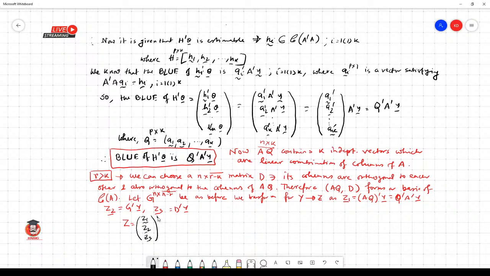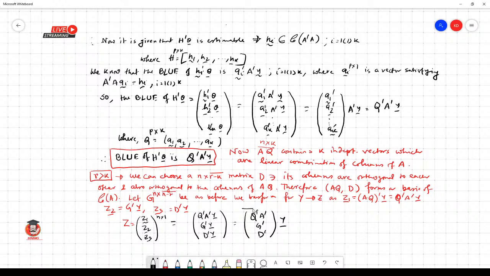As a whole, this is a vector of order n cross 1, where z_1 curl is Q prime A prime y curl, z_2 curl is G prime y curl, and z_3 is D prime y curl, so this is nothing but Q prime A prime, G prime, D prime times y curl.